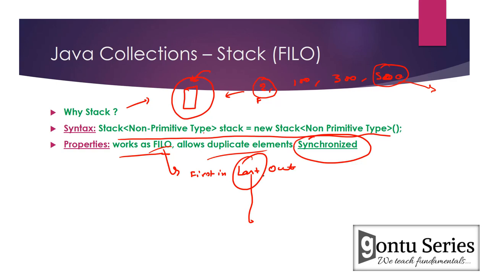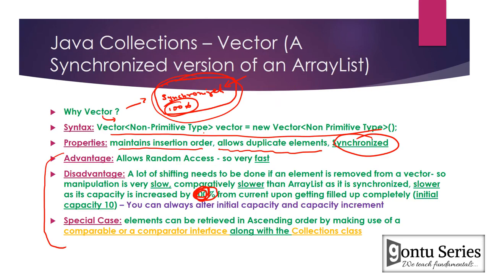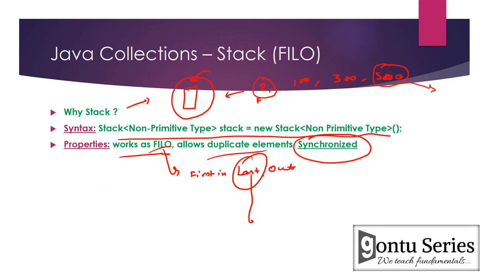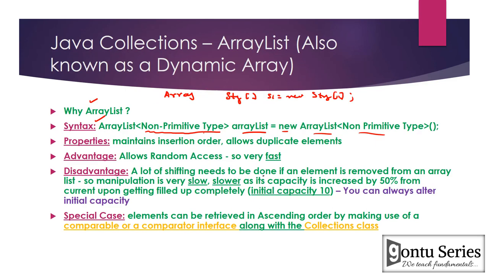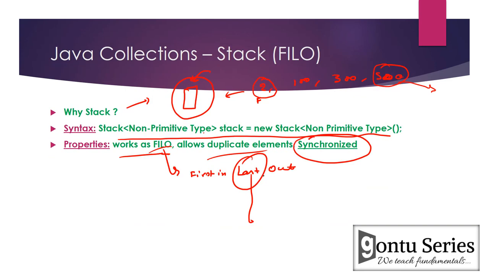Now, important point what you have to understand is, we have so far looked at an array list, we have so far looked at vector, and we have looked at stack. All of these, array list, vector, and stack, internally work on the principle of arrays only.